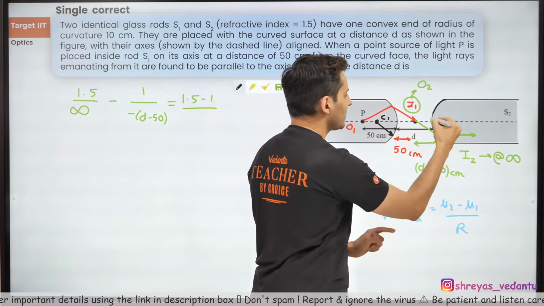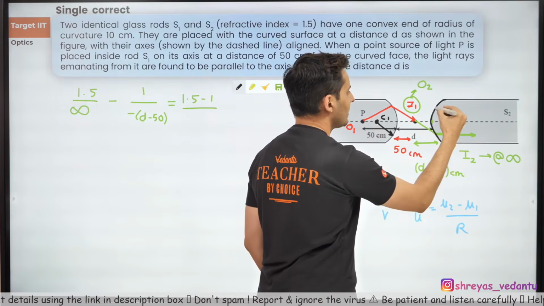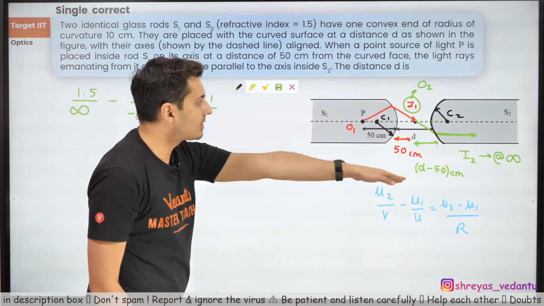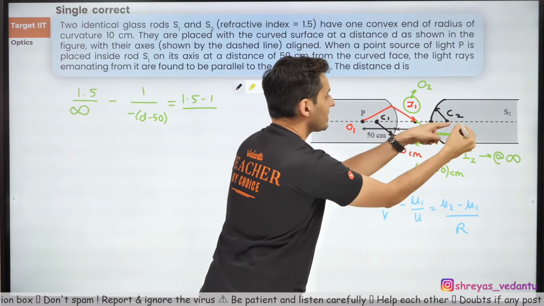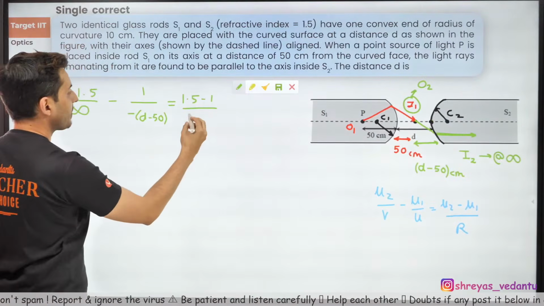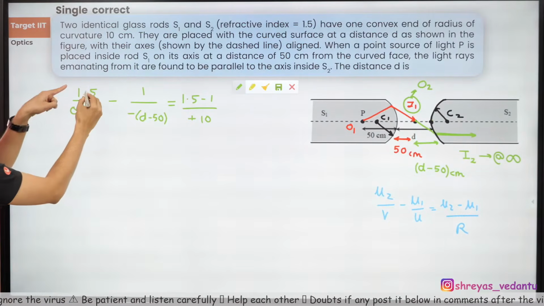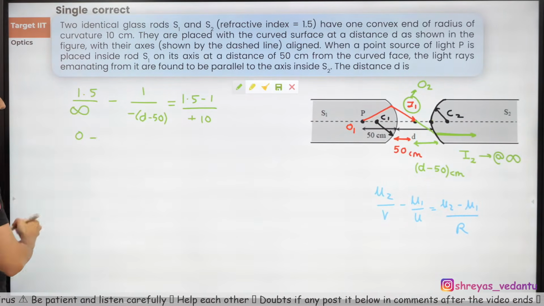Last step, radius of curvature. Remember, for this curved surface, the center of curvature is somewhere here. It should be positive because it is on the right side of the pole, so plus 10 centimeters. Anything by infinity is 0.